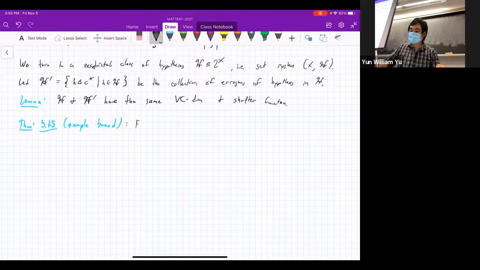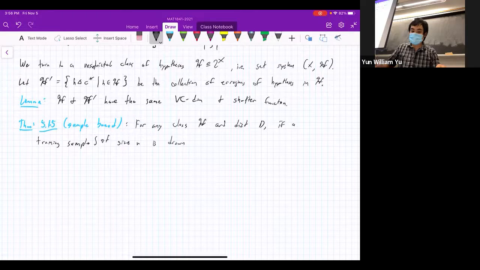This states that for any class H and distribution D, if a training sample S of size n is drawn from D, where n is greater than or equal to 2 over epsilon times log of 2 times the shatter function of 2n plus log of 1 over delta.